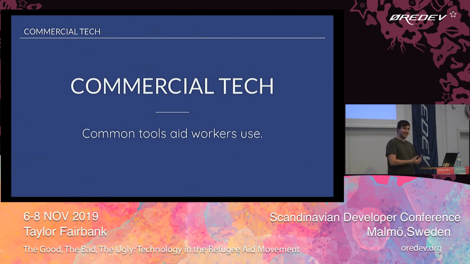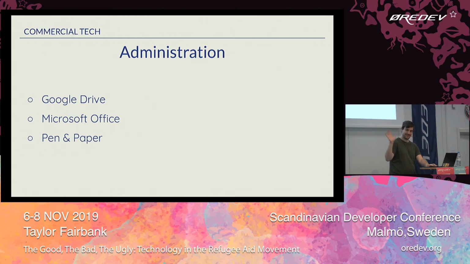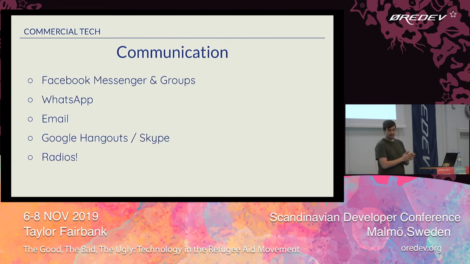So let's actually talk about some of the tech that's being used in the field today. This is a bit boring. It's like a lot of the commercial stuff. Think of grassroots NGOs as your typical small business. You have Google Drive or Microsoft Office, lots of spreadsheets, pen and paper is also a good option. On the communication side, Facebook Messenger and WhatsApp are the biggest tools.